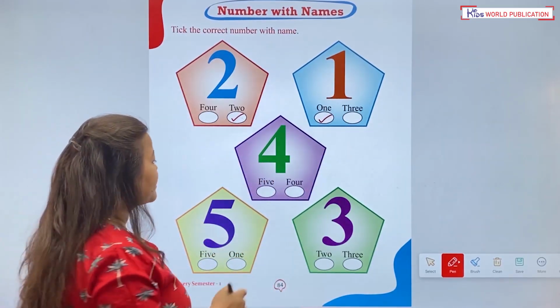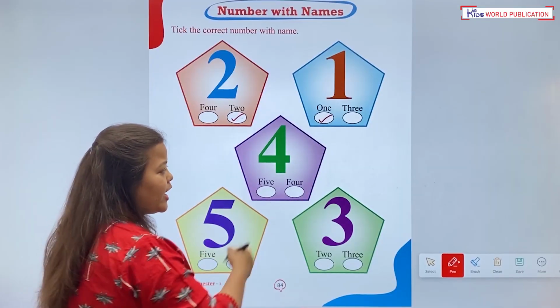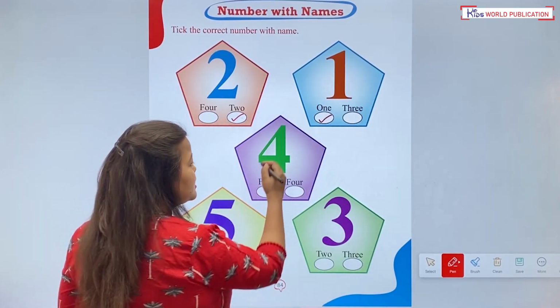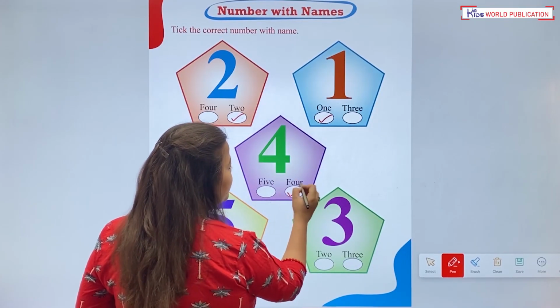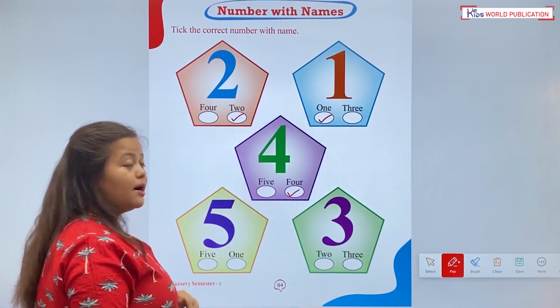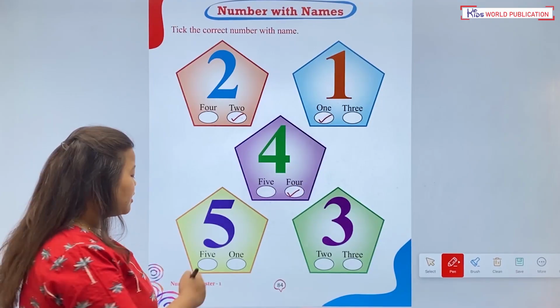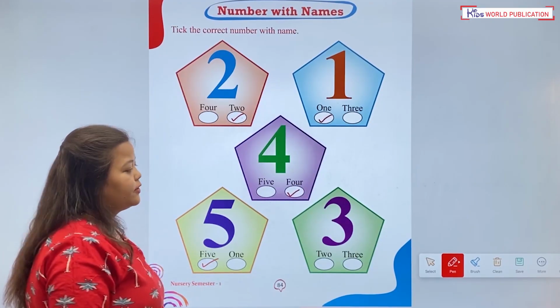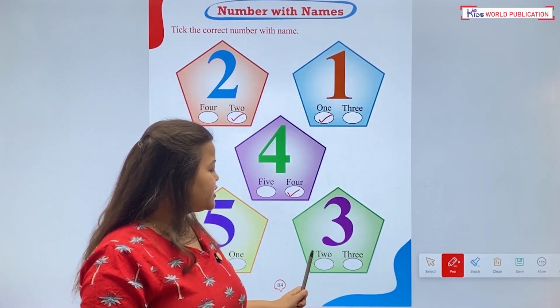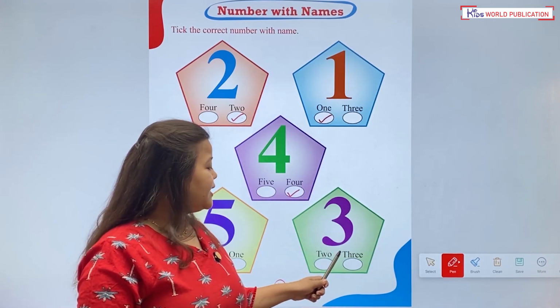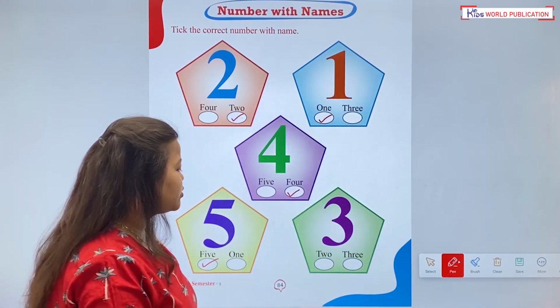Number 4. FIVE 5, FOUR 4. So the right answer is FOUR 4. Number 5. FIVE 5, ONE 1. FIVE 5. Number 3. TWO 2, THREE 3. So the right answer is THREE 3.